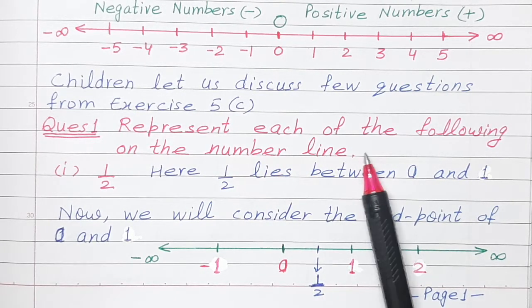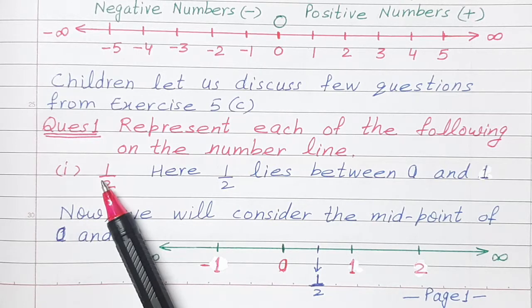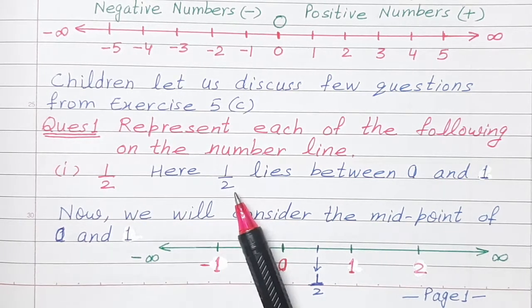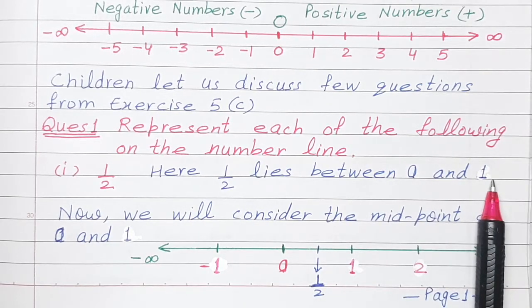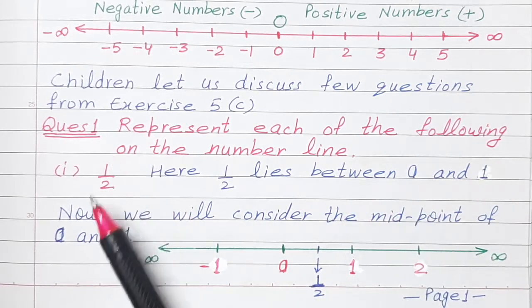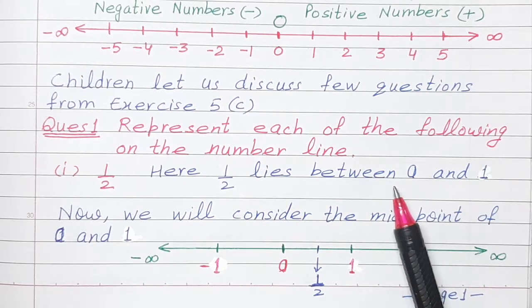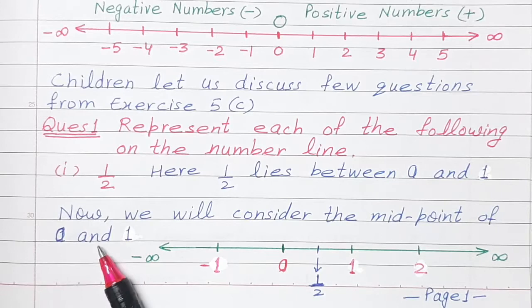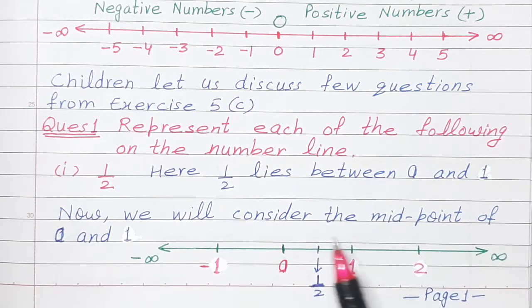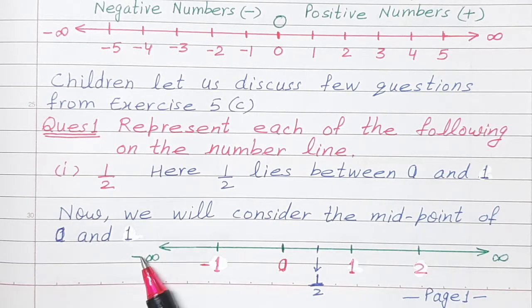So children, here the first part is 1/2, or you can say half. Now children, we know that half lies between 0 and 1. Basically, 1/2 is the midpoint of 0 and 1. Now, we will consider the midpoint of 0 and 1.